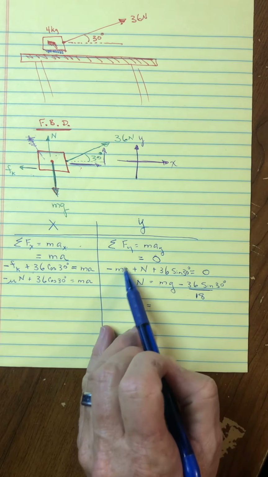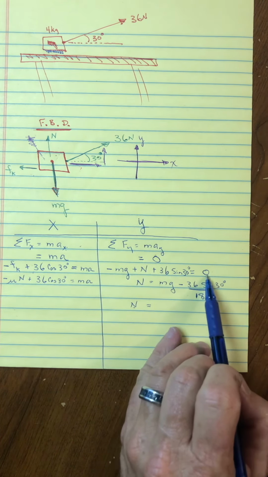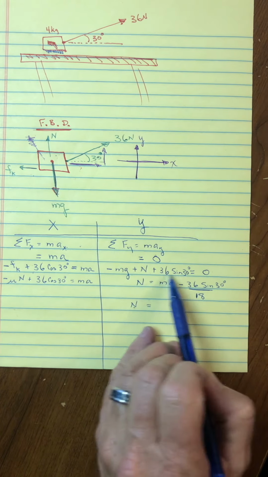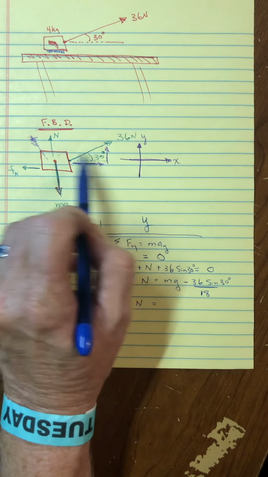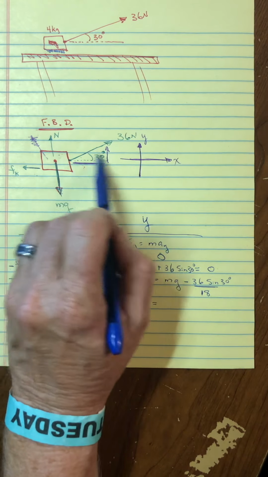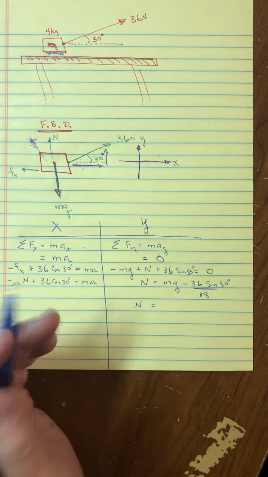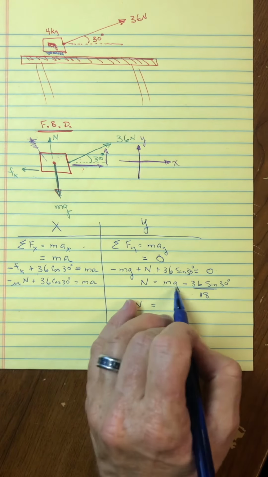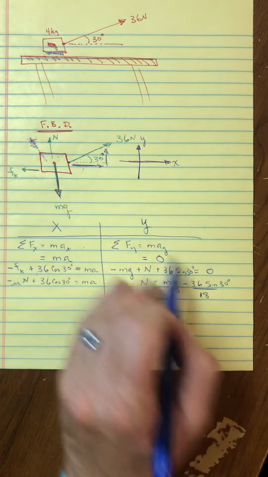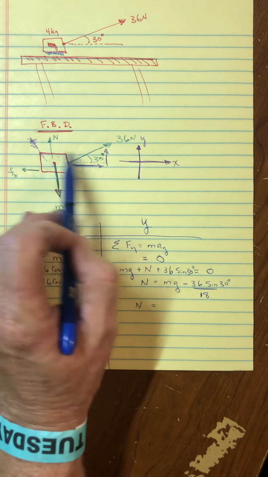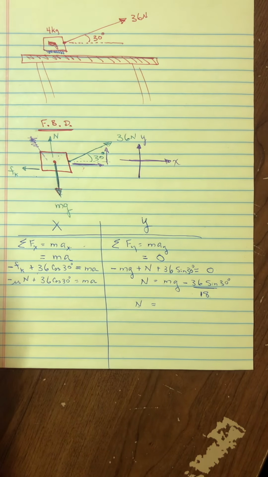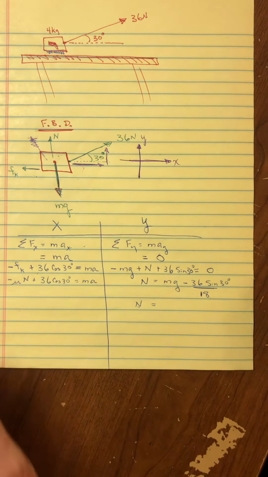You can see that if I just moved mg to this side, I would have mg equal to the 2 things that are pulling it up. So the normal force and this little component are pulling it up. They have to equal mg. That's true. And that's why the normal force is a little bit less than mg. It's mg minus that little bit pulling up. Because again, these 2 pulling up have to equal the mg pulling down.